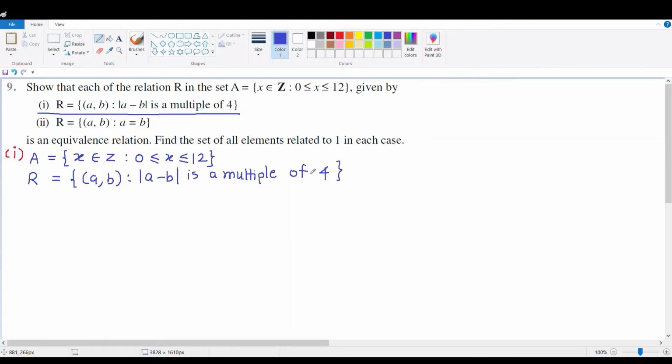Since we need to show that it is an equivalence relation, we are going to show that it is reflexive, symmetric, and transitive. So let's start with reflexive.